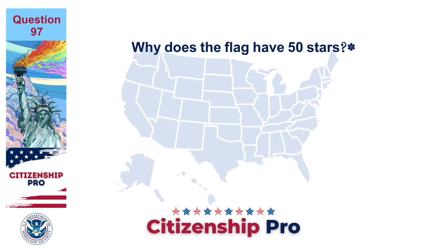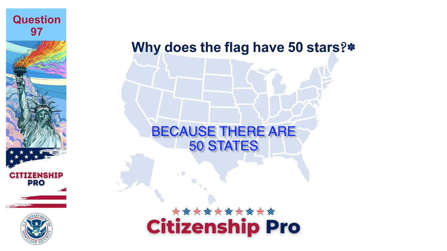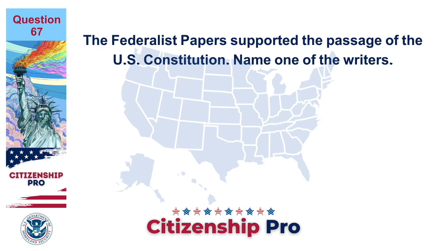Why does the flag have 50 stars? Because there are 50 states. The Federalist Papers supported the passage of the U.S. Constitution. Name one of the writers. James Madison.